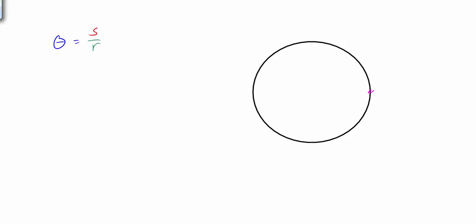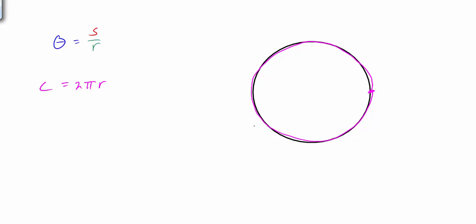If we go the perimeter of a circle here, we're talking about the circumference. So all the way around this circle is the circumference. And if you remember, the formula for circumference is 2 pi r. Okay, so this is all the way around.